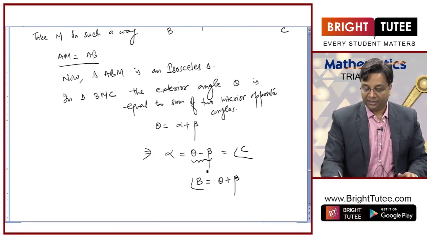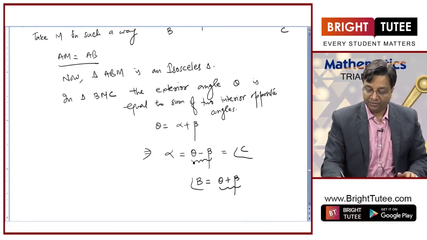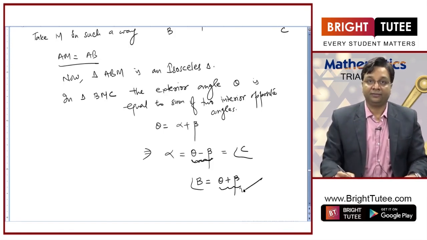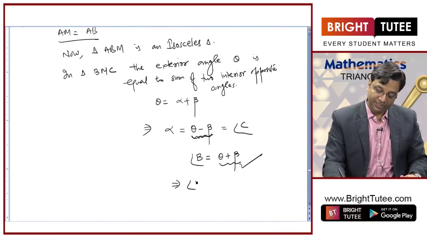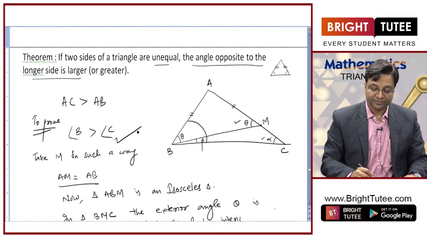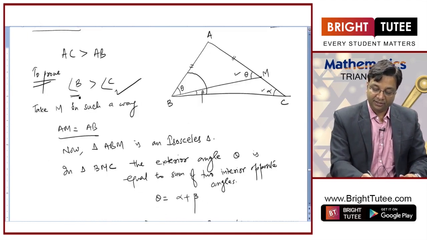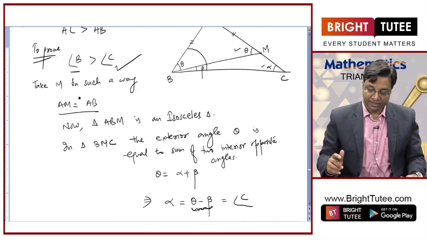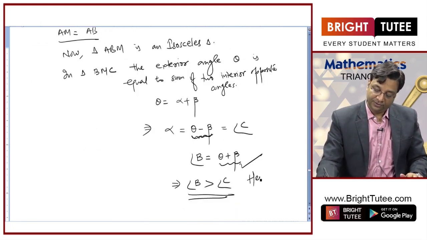Now tell me, out of these two, theta plus beta and theta minus beta, which one is greater? Obviously this one. So angle B is greater than angle C, and this is what we had to prove: angle B is opposite to the greater side, hence it is greater. So it is proved.